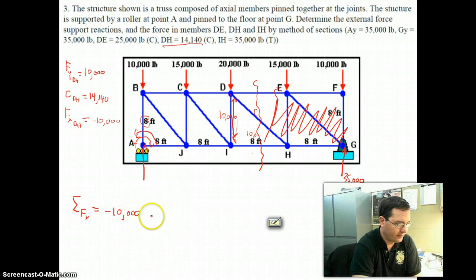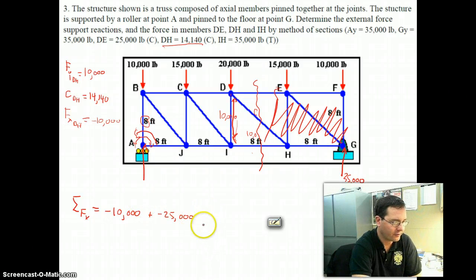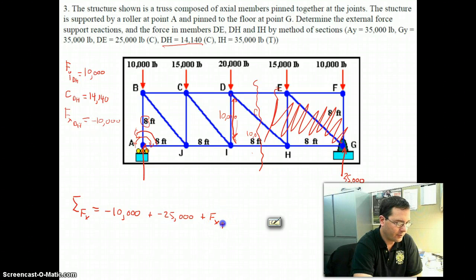We know that DE, because it's in compression, is pushing to the left. In this case, we would think of it as negative 25,000 pounds force, because it's a leftward push, plus the force that's developed in the x direction in component IH. And all of these have to add to 0.